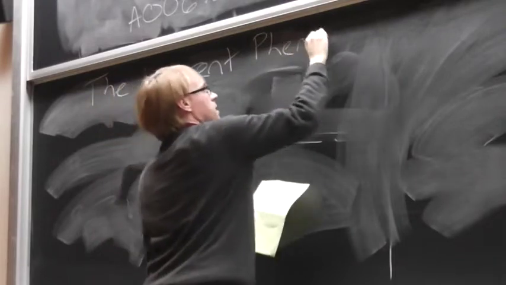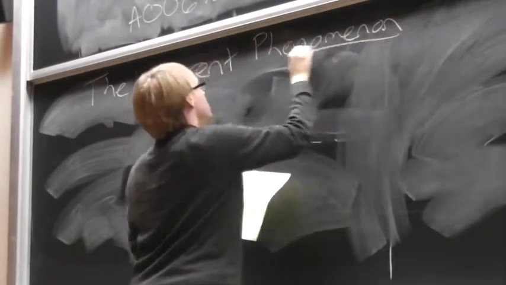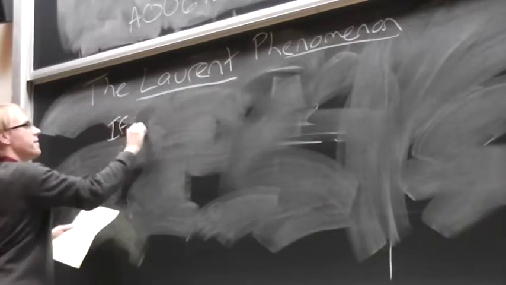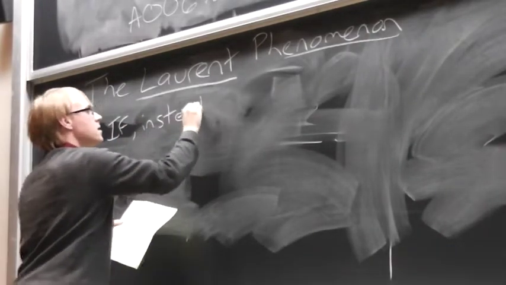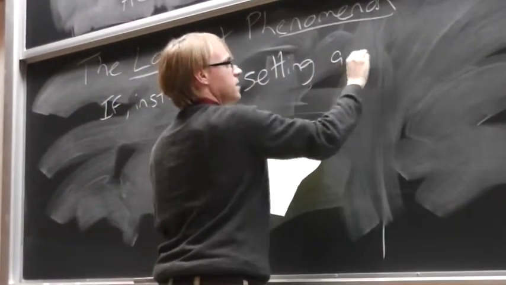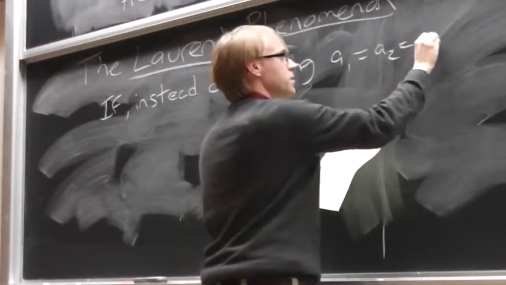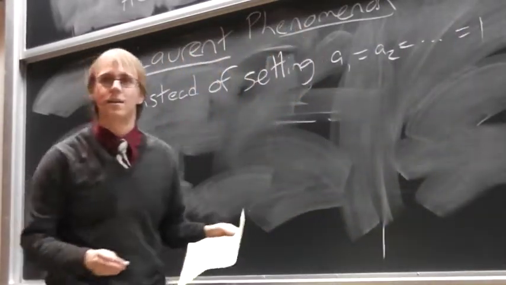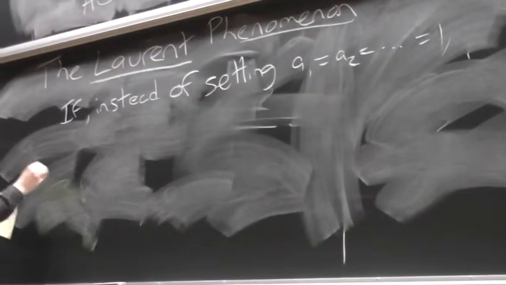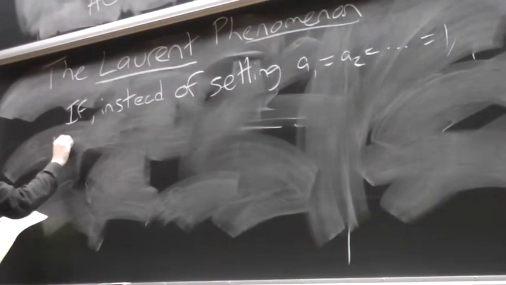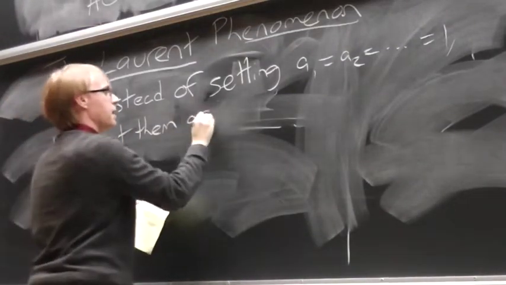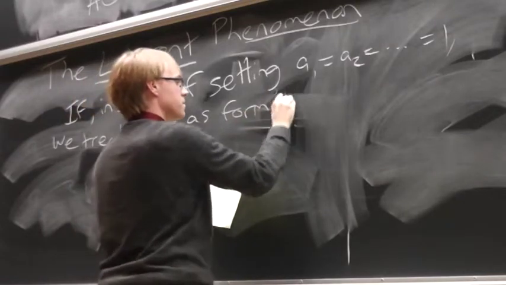What the Laurent phenomenon says is that I lied at the start when I said we're always going to set everything equal to 1. We're not going to set the initial variables equal to 1. We're going to treat them as formal variables.